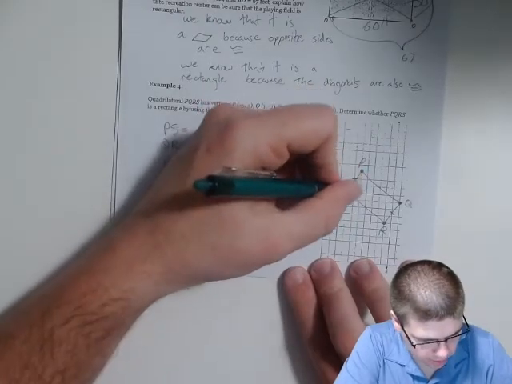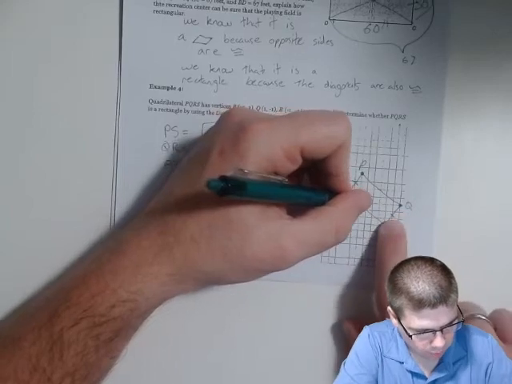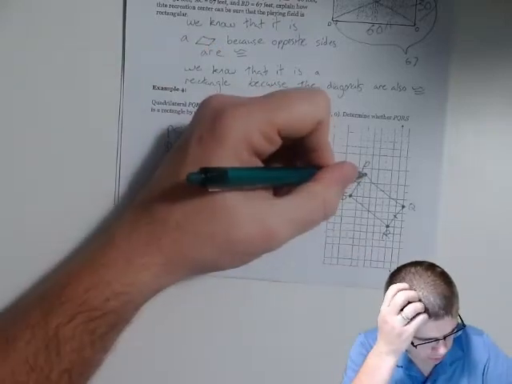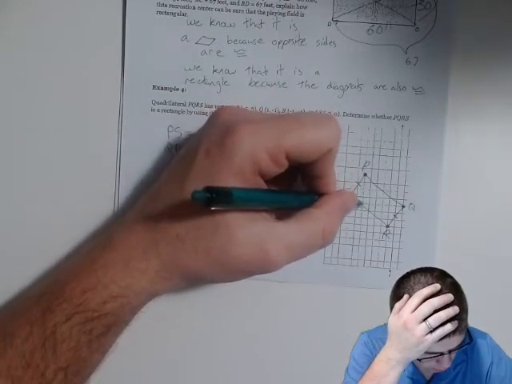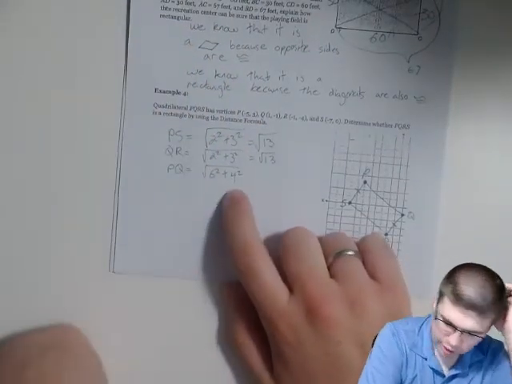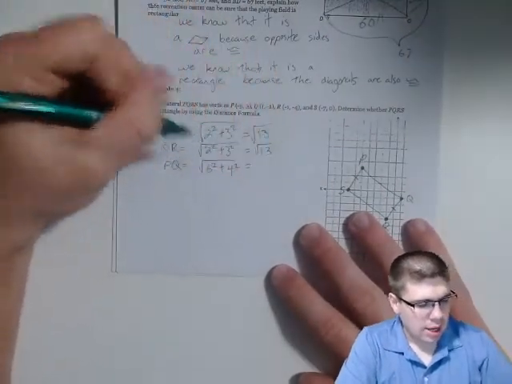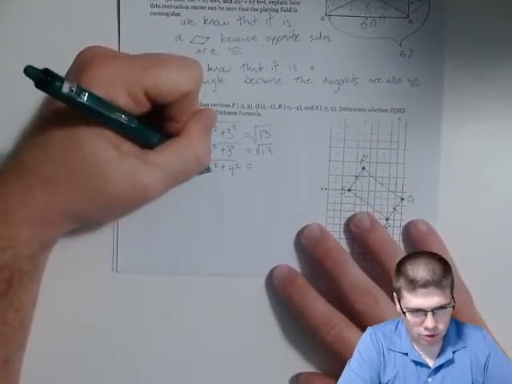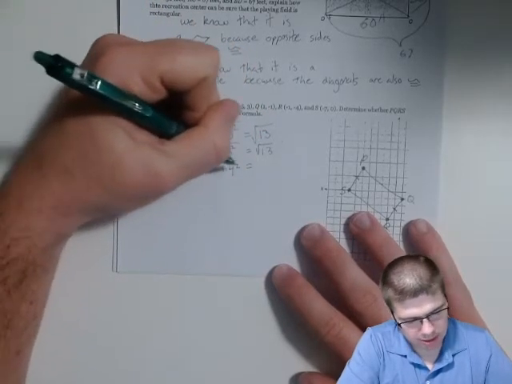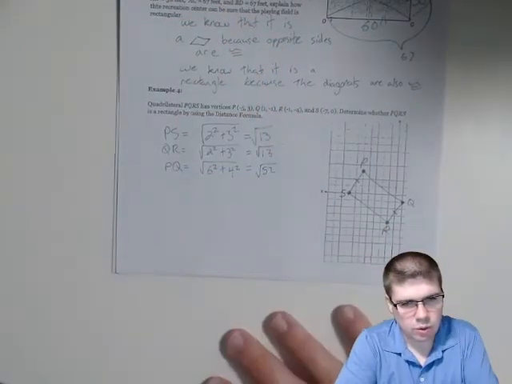I'm going across here, dropping down till I get to Q. I'm going 1, 2, 3, 4, 5, 6 over, 6 squared, plus vertically, we go 1, 2, 3, 4, and that is down, but we really don't care about the sign. I could throw a -4, but it's getting squared, so it's going to all end up positive anyway. So 6 squared is 36, plus 16 more. 36 plus 16 gives us 52. And so we got square root of 52 for that one.